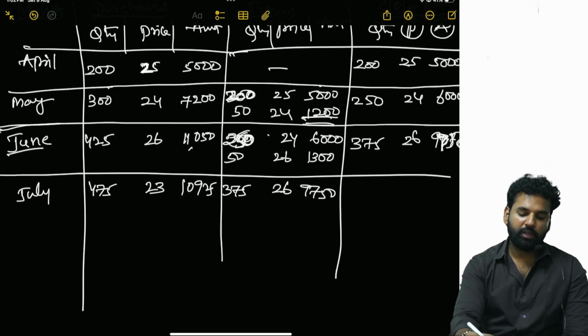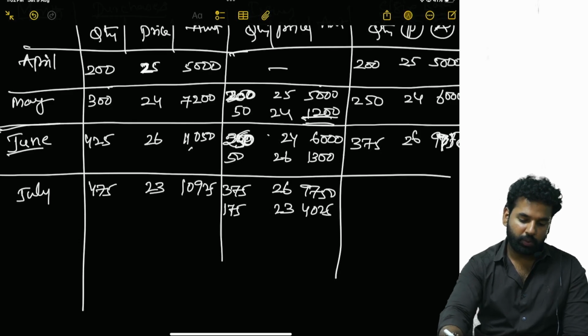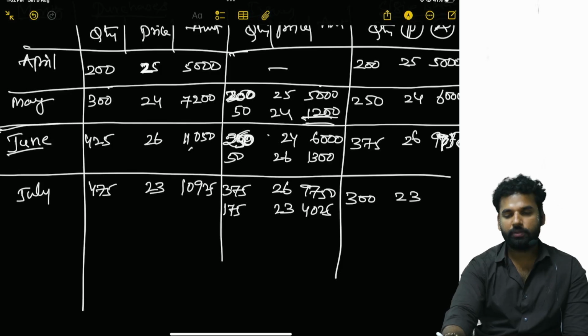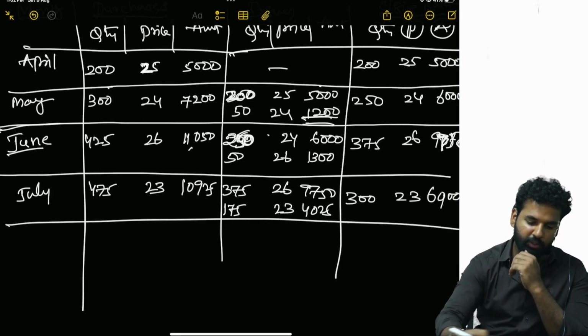And out of 475, remaining 175 units at 23. What will be the amount? 4,025. Okay, remaining will be 300 units at 23. How much? 6,900. July done. Now August.